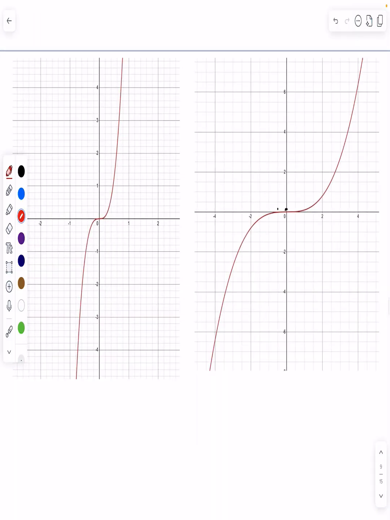Again, same sort of idea when you think about how narrow or how wide your cubic function looks. The more narrow it is, that means your A value is large. And when it's wider, that means your A value is small.